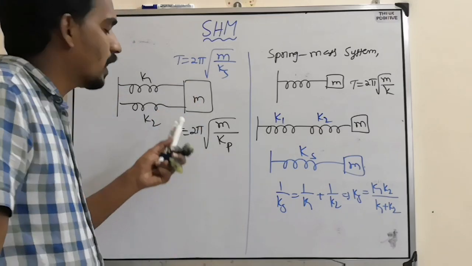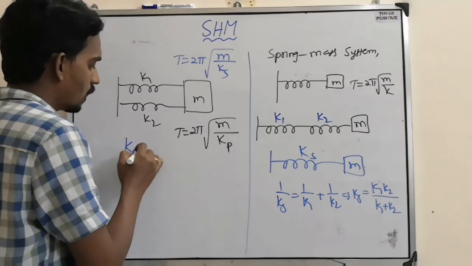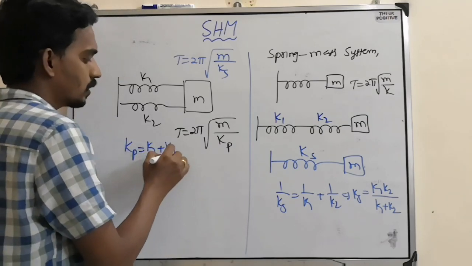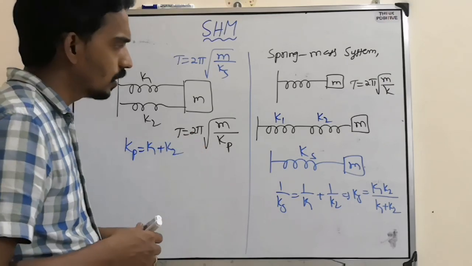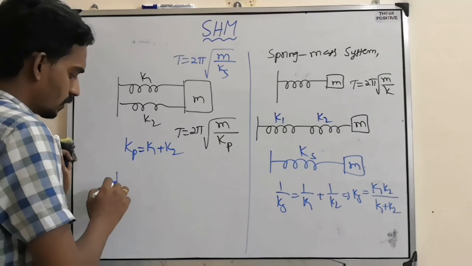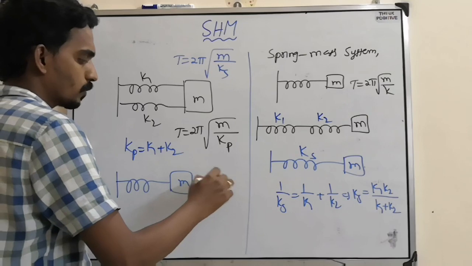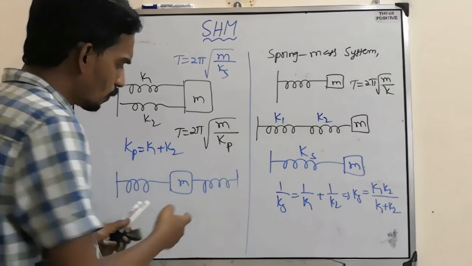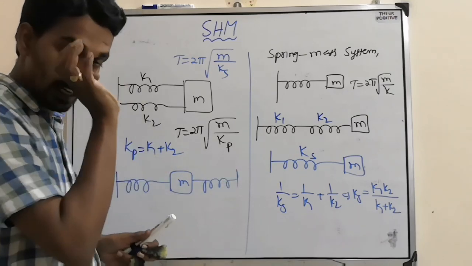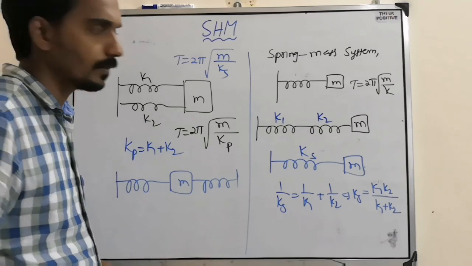Then we say that they are in parallel connection. Then K parallel equals K1 plus K2. Or the same parallel condition they can also give like this. See, this is one spring, this is the mass, this is another spring. Here also both springs are connected independently, so we say that they are in parallel.